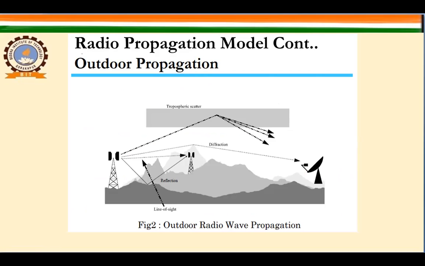Now, continuing with the radio propagation model, today our topic is the outdoor propagation model, which is viewed in this picture. Several transmitters are situated in this geographical view, and there is an antenna which is receiving the transmitted signals.